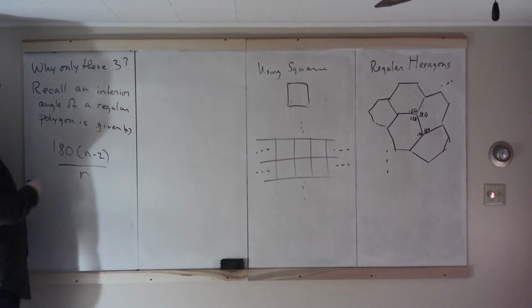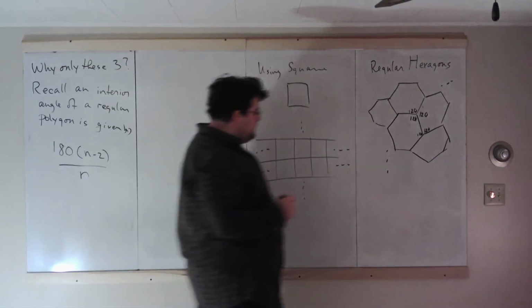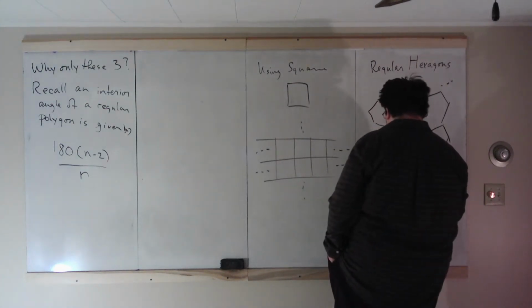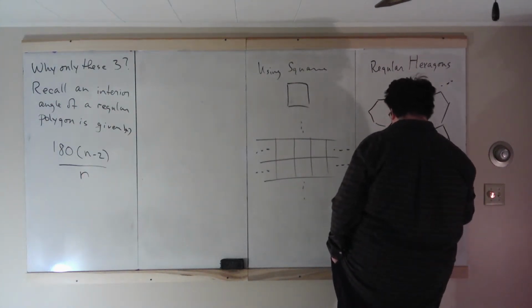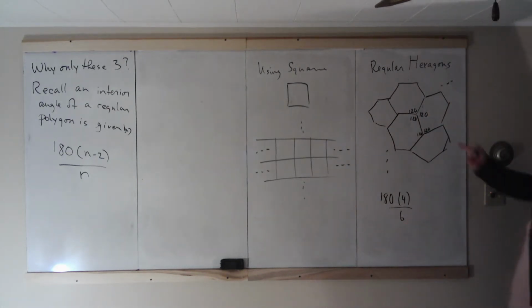And you can see with the regular hexagons, if you let n equal 6, you get 180 times 4 all over 6. 2/3 of 180 is 120.